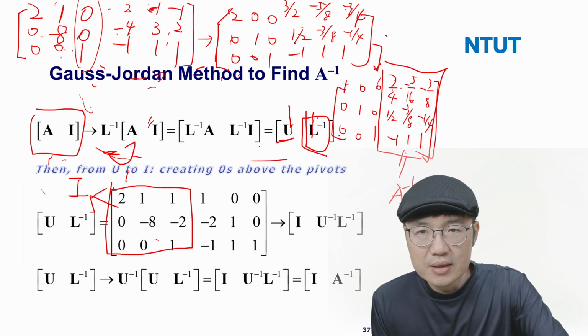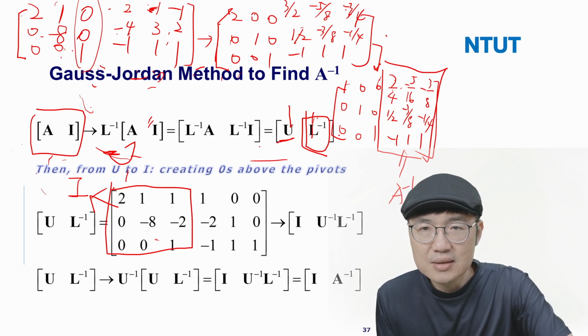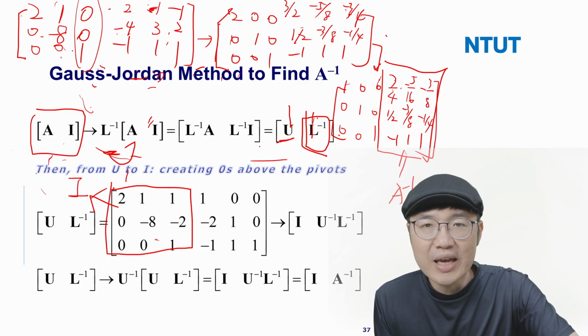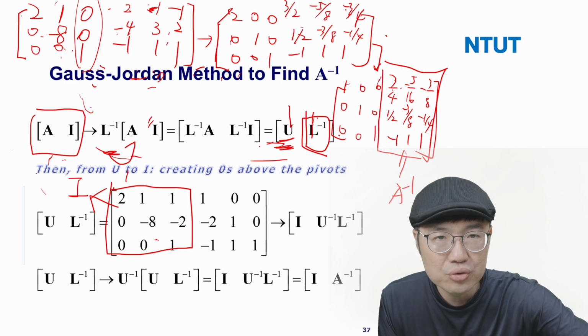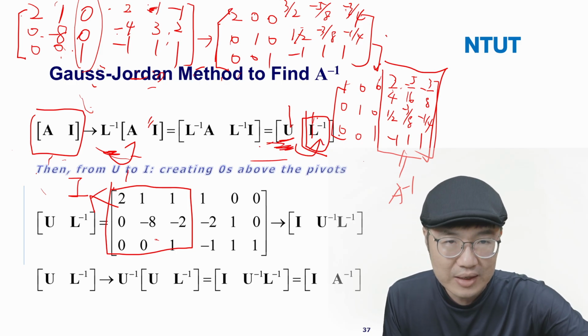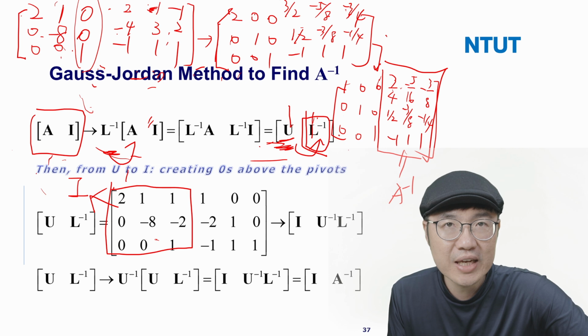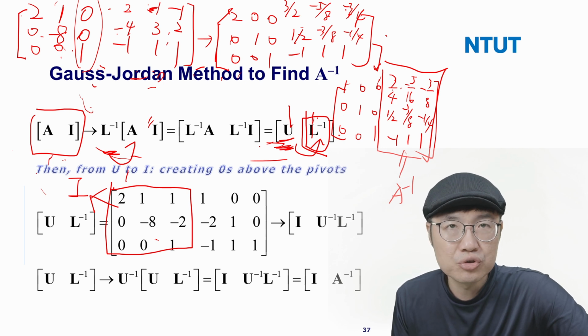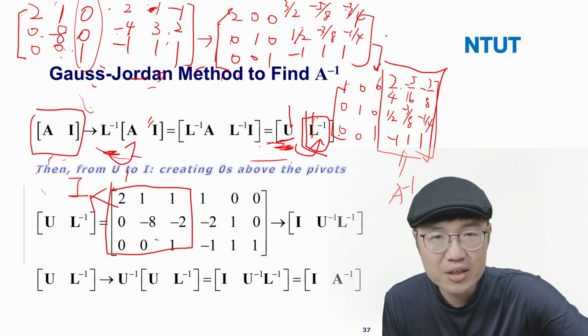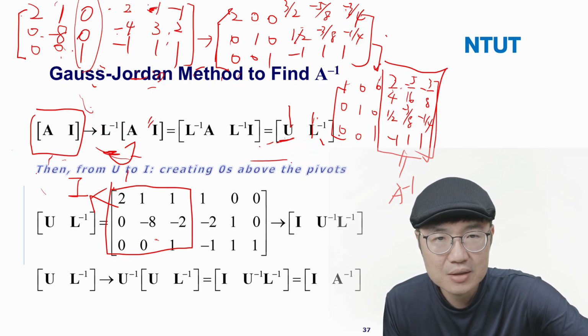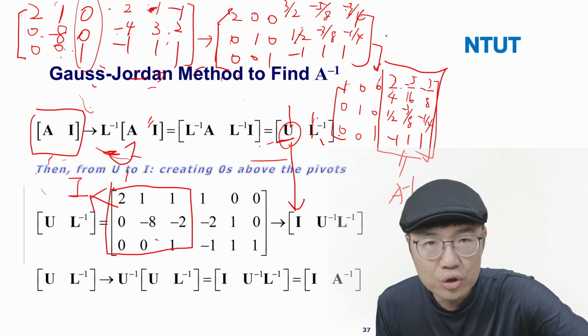So the original process for A and I is L inverse, right? L inverse makes U and the L inverse as an attached part, which was originally I. And what we keep doing, let's make U be I, should be U inverse.